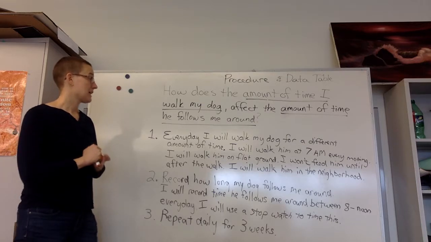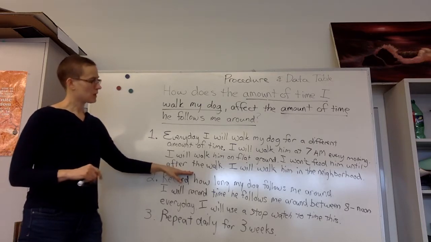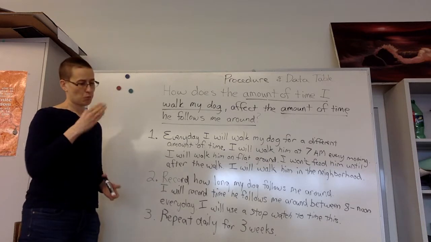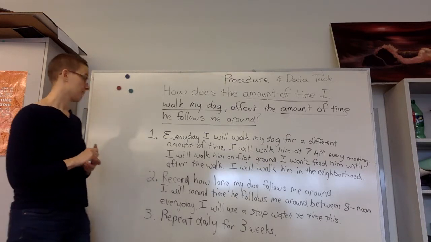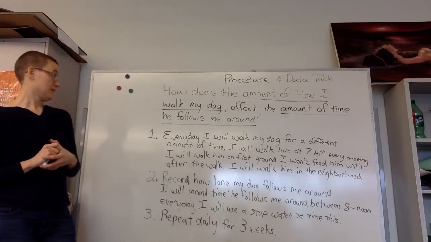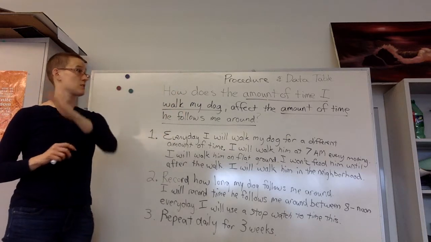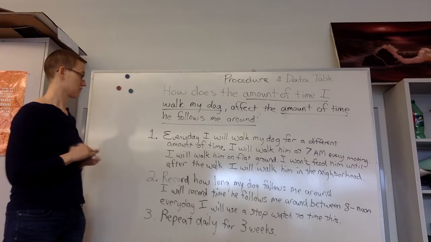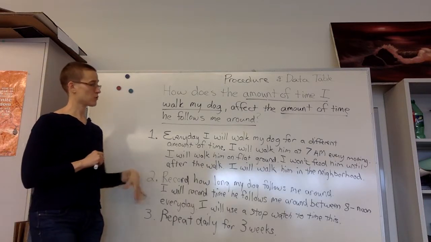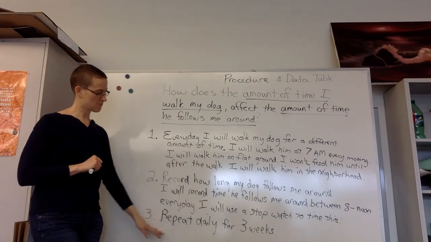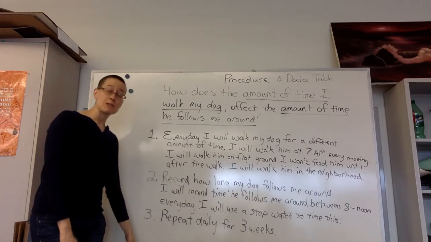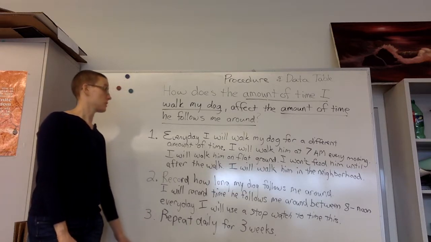I may decide that there's going to be a maximum that I'm going to walk him and a minimum, and I get more than one set of measurements for that. I could decide that I'm going to walk him continuously increasing in time. So you're going to have to decide what's best for you. Write it into your procedure. Your instructor will give you feedback after you submit this to them.